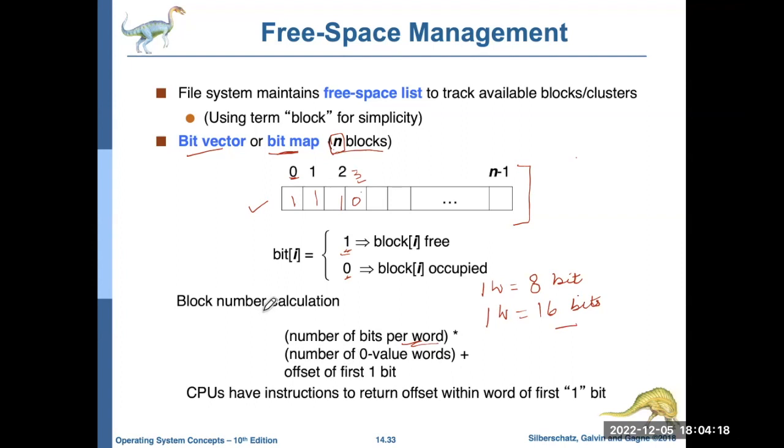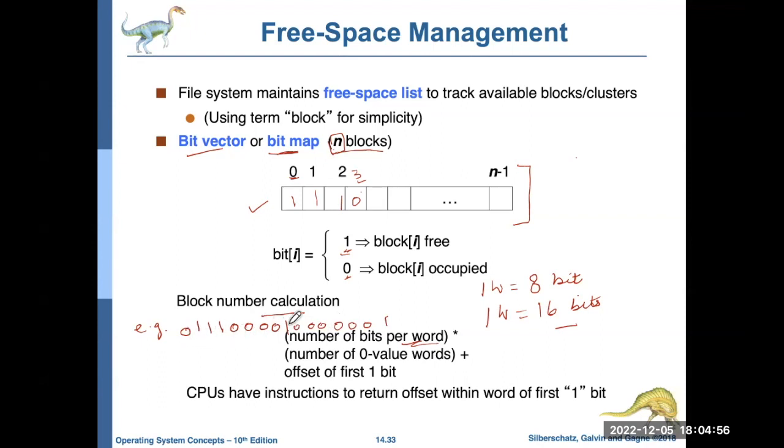Now how do we calculate and find the first block which is free? Normally you will be given a bit stream. Let us suppose this stream is given.